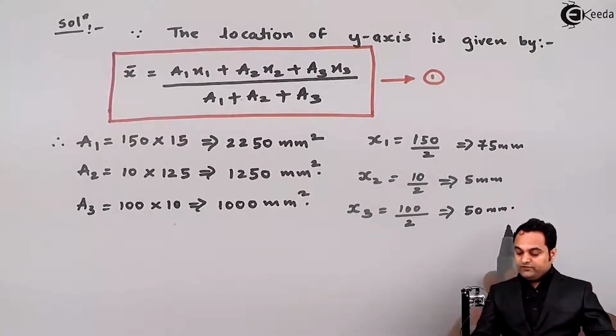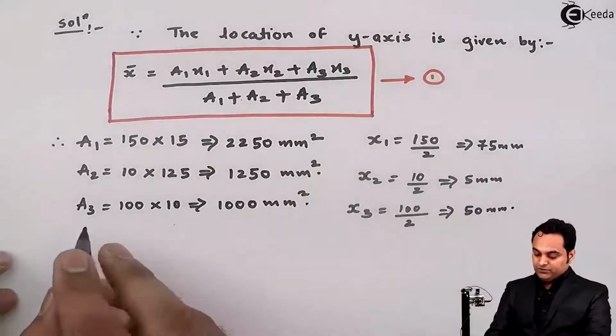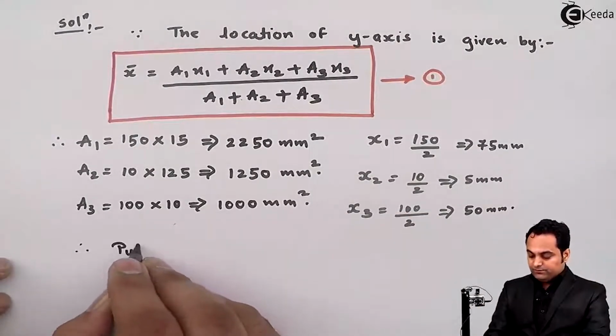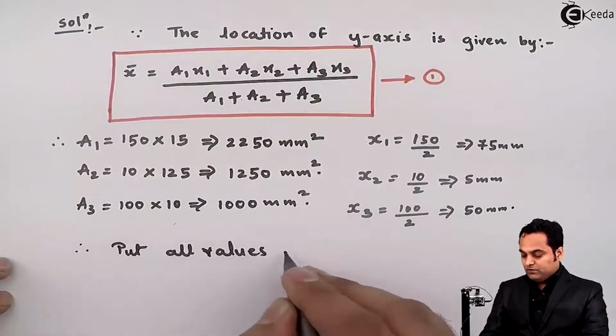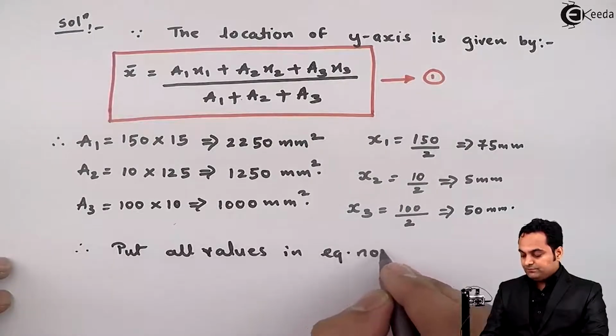Now, after getting these values, we can put them in equation 1. So put all values in equation number 1.